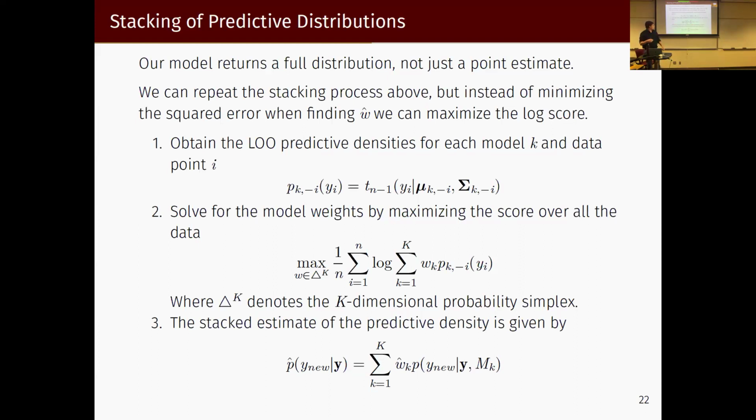The more it agrees with the truth. So then, just like in the last step in the stacking, the final posterior predictive distribution is given by a weighted average of the other previous posterior predictive distributions over the different models.